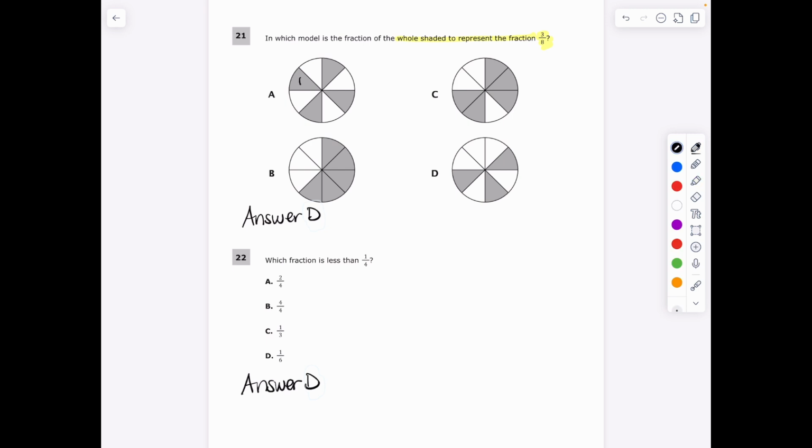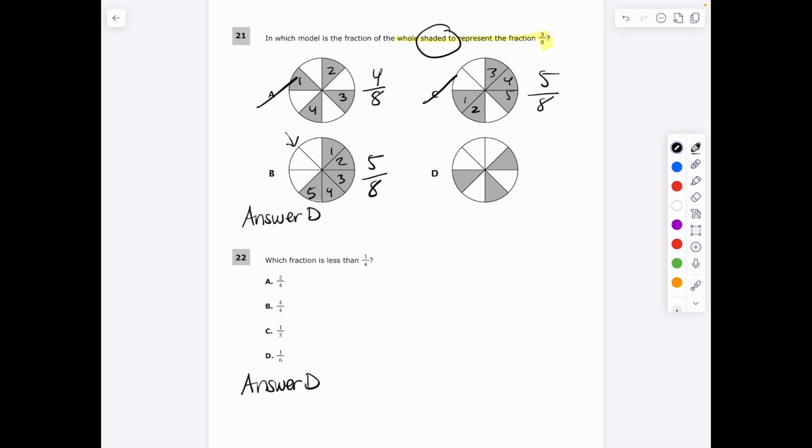So I'm looking at my pieces here. I have 1, 2, 3, 4 out of 8 pieces. That's 4/8. Cross out A. 1, 2, 3, 4, 5 shaded pieces out of 8. So crossing out C. Same thing with B, because I want the shaded pieces, not the unshaded.